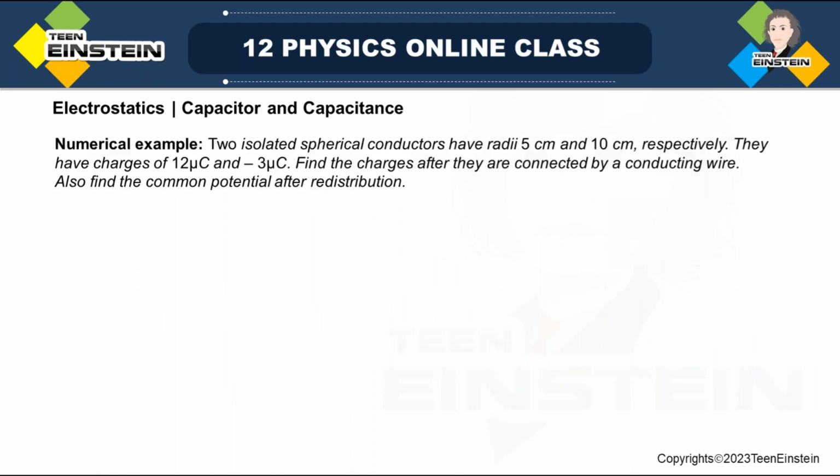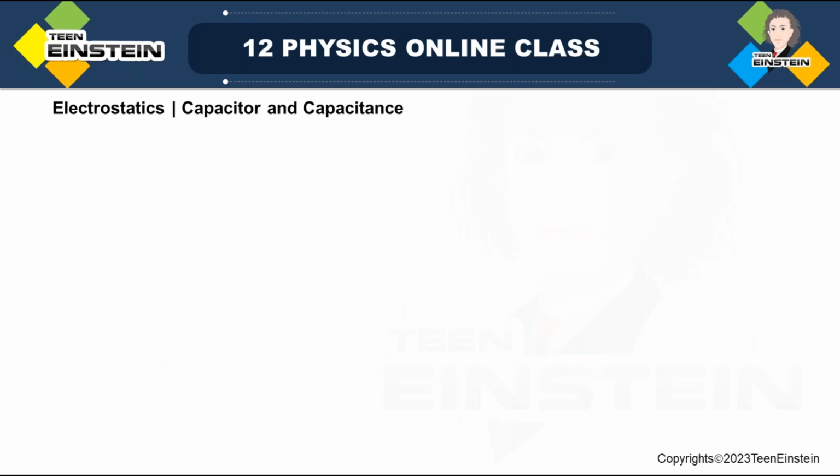Then we'll solve a problem. We have one topic, I'm just writing the title, but I'll show you in the next class that there will be loss of energy. Suppose I have capacitor C1 fully charged, another capacitor C2 fully charged, and then connect them together.